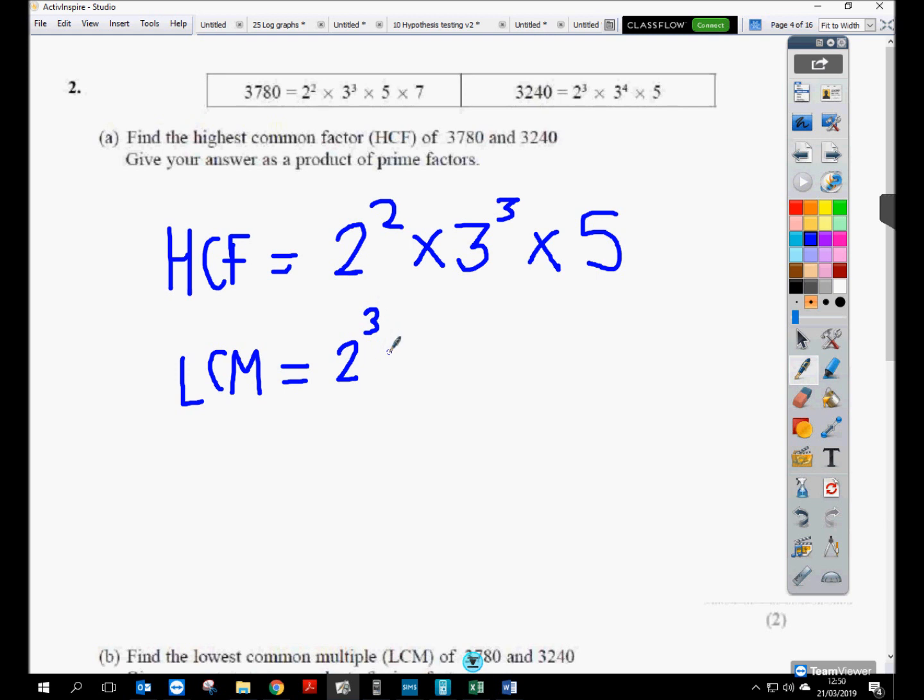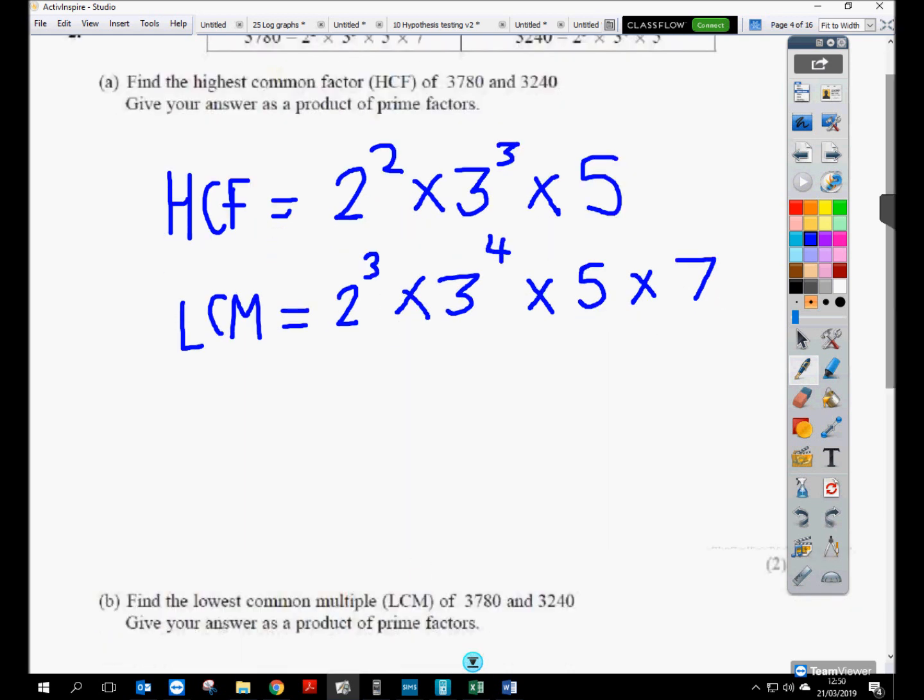And out of the 3s, choose the highest, 3 to the power 4. Out of the 5s, they're both the same, so just choose one of them. And out of the 7s, you can write 7 this time because it doesn't have to be common, and this is the answer. Both of these questions ask you to give your answer as a product of prime factors. So we can leave our answers like this. There is no need to type it into the calculator.